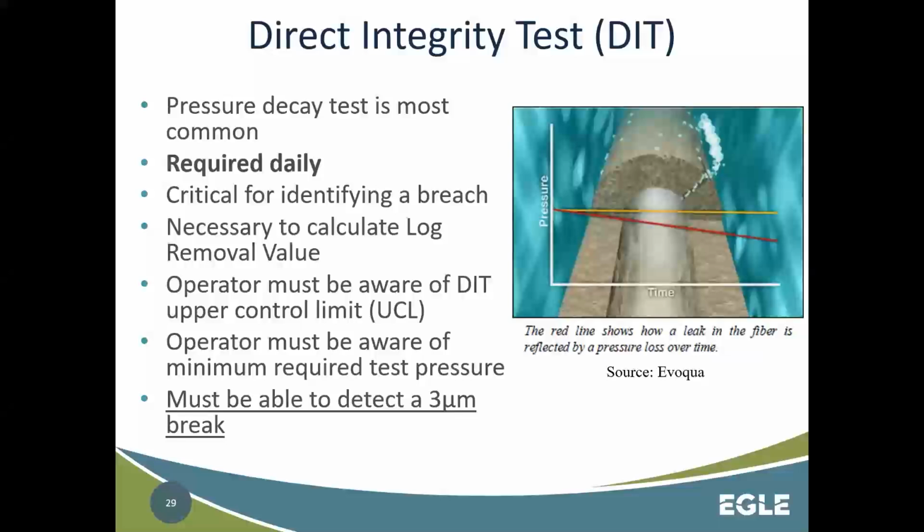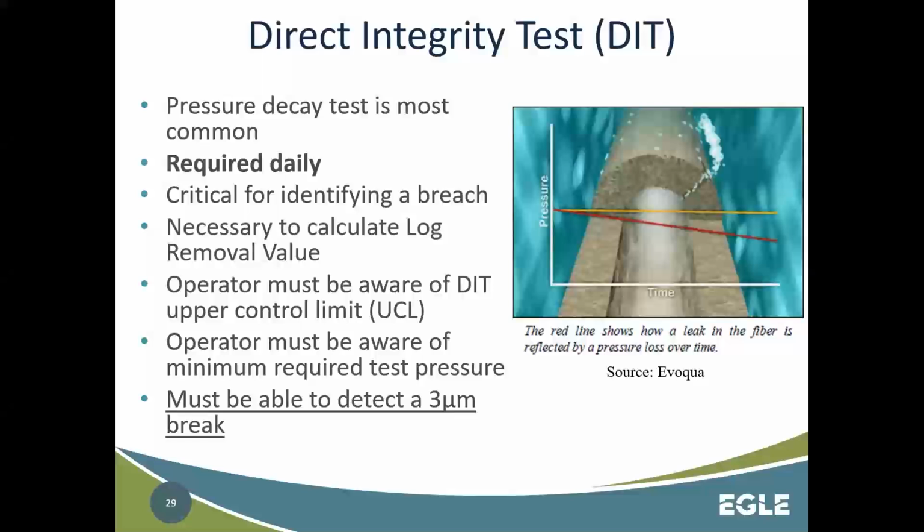So for that reason, the state and federal requirements are you must perform a direct integrity test each day. And the goal of that is to detect any holes or tears or breaches in the integrity of the membrane.